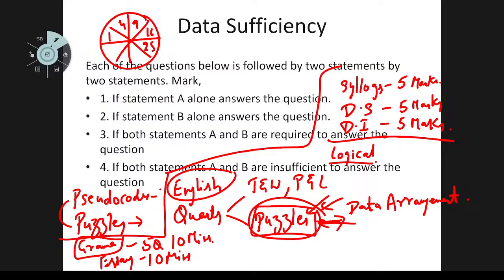I hope every one of you understood this. Is there anything else I am missing here in the pattern? I don't think I am missing anything. For writing skills also, I am going to send you a video, and for data arrangement also I will send a video.